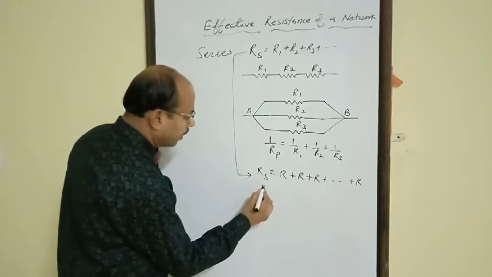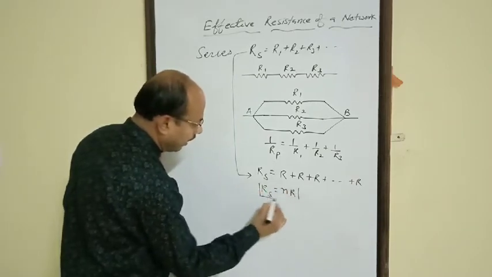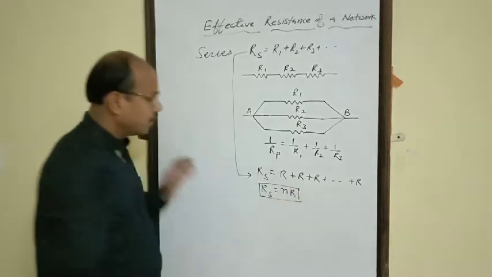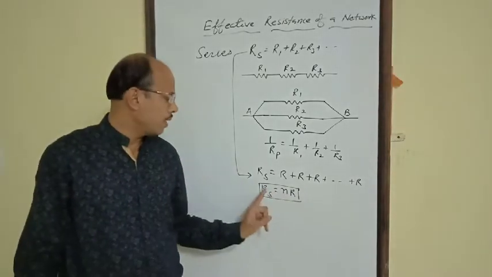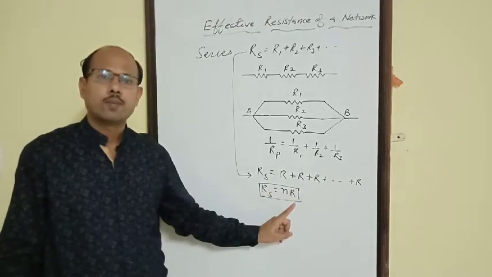Then the effective resistance in series combination can be written as nR. Rs equals nR.